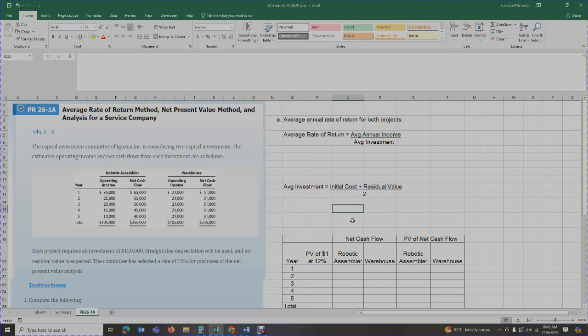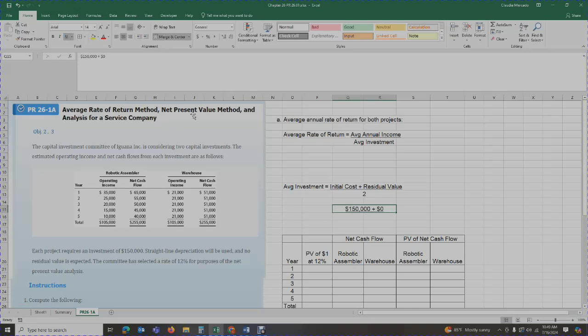My initial cost, according to the problem, is $150,000. I'm going to add my residual value, and according to the problem, we have no residual value. So my residual value is 0.